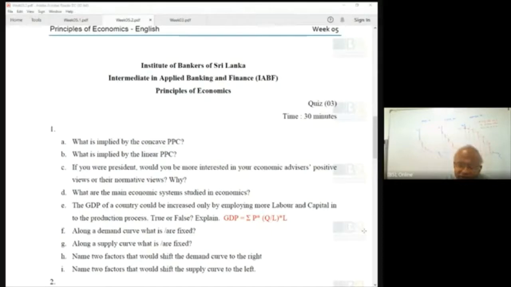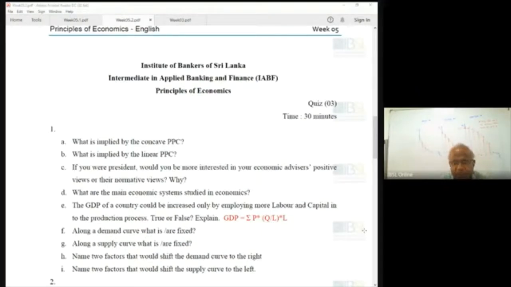Average productivity of a Sri Lankan worker versus a Japanese worker in a factory. Huge difference, 1 to 30, 1 to 50. That is the main point. So economists argue that the differences in productivity are the key reason for the differences in GDP, right? Productivity changes.